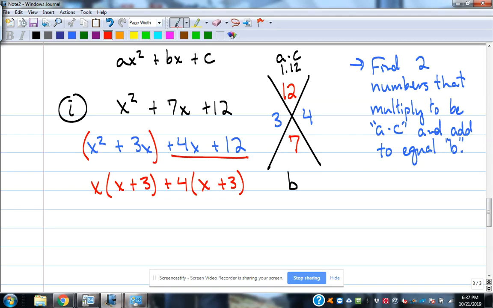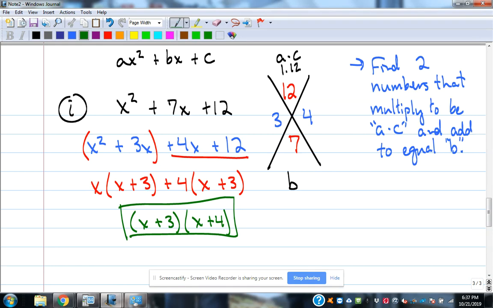Notice the parentheses. They match up. That's the right thing. That's what we want to happen. So our factors are then x plus 3 and x plus 4. Okay.